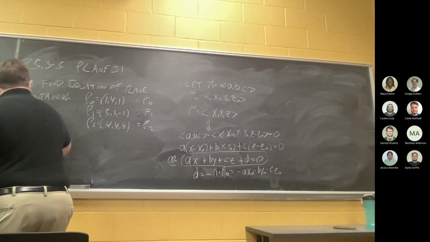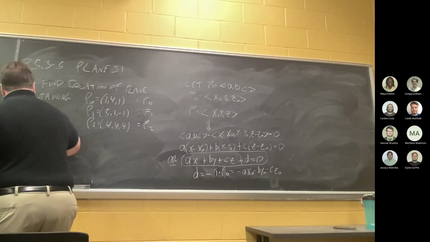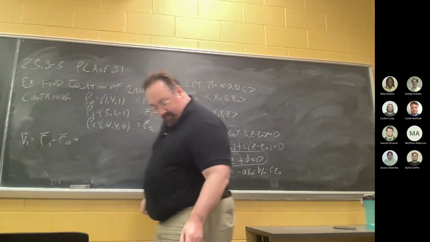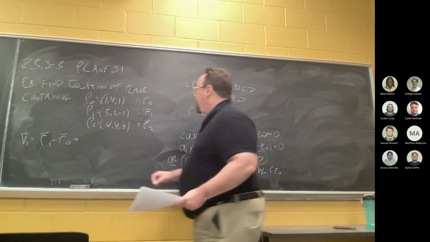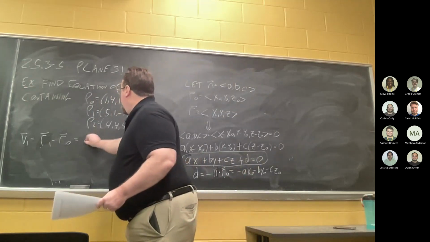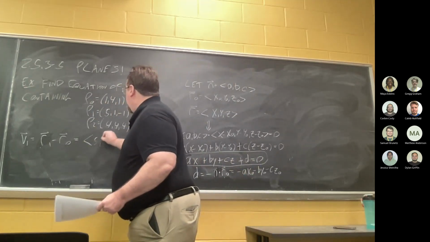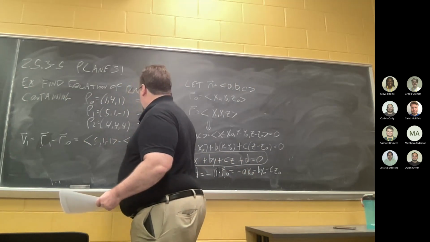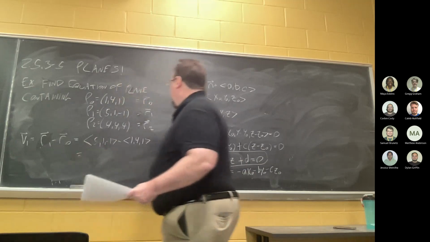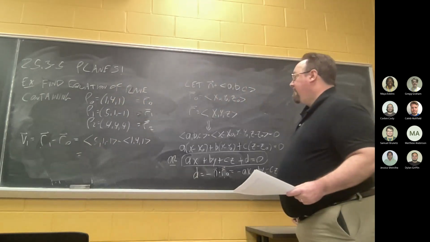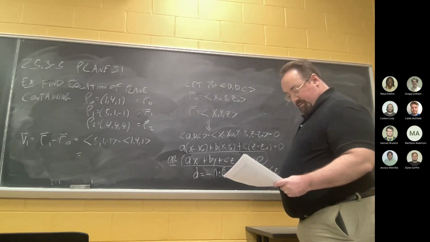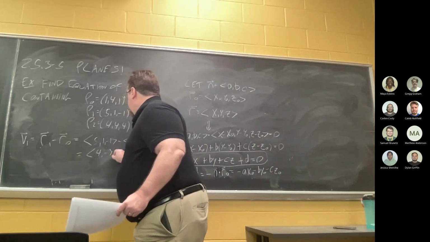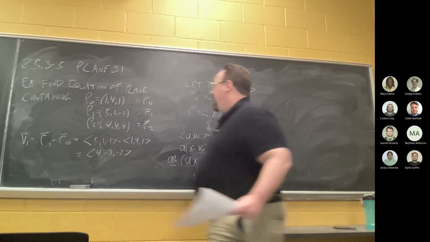So find V1 to be R1 minus R0. So we have 5, 1, minus 1, minus 1, 4, 1. That gives 4, minus 3, minus 2. Okay.